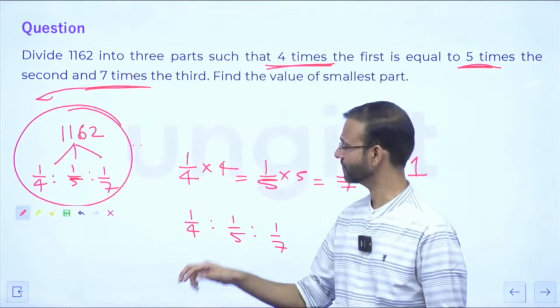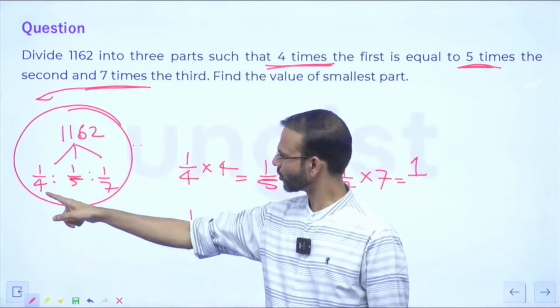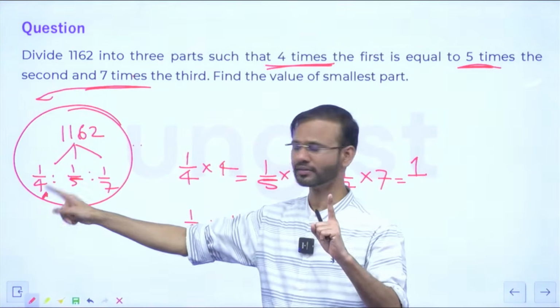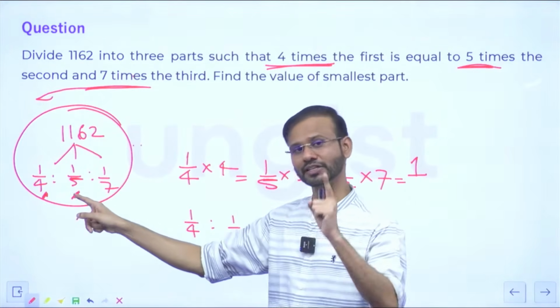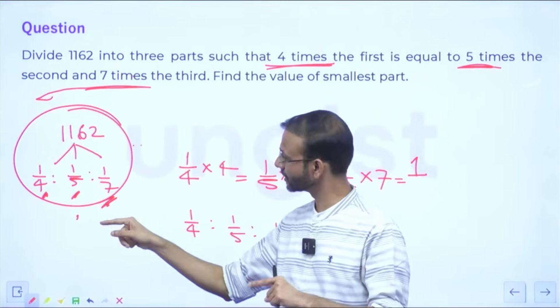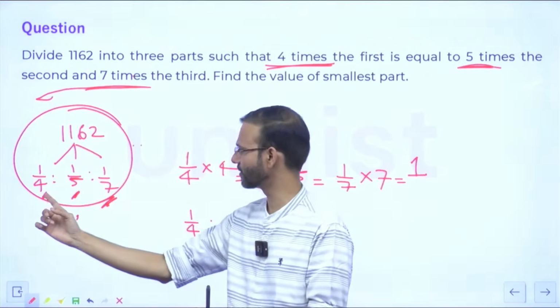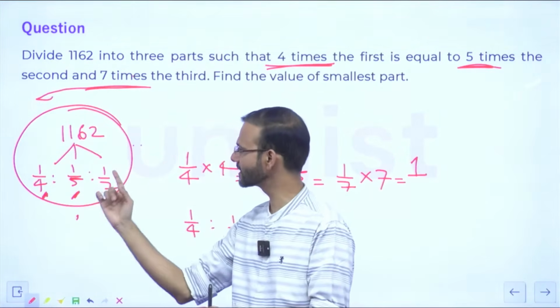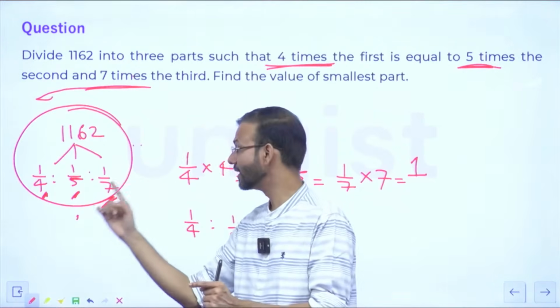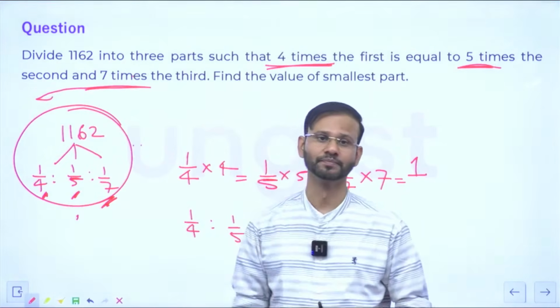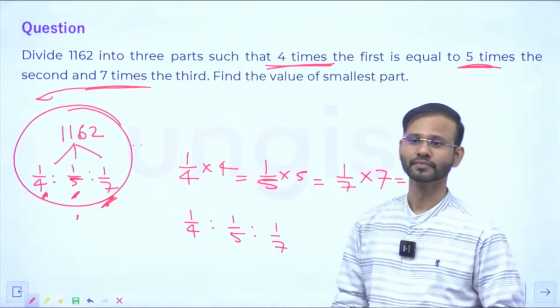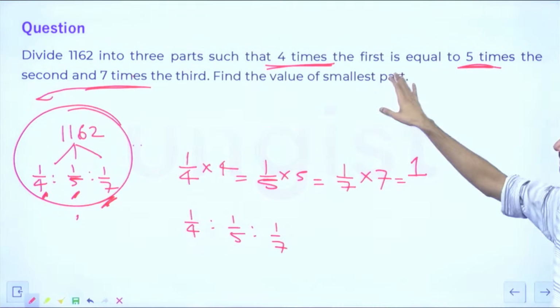कैसे? देखिए, 4 times of the first part is 1. 5 times of the second part is also 1. 7 times of the third part is also 1. Question is saying divide 1162 into 3 parts such that 4 times of the first part is same as 5 times of the second part is same as 7 times of the third part. Okay everybody, read the question once again.